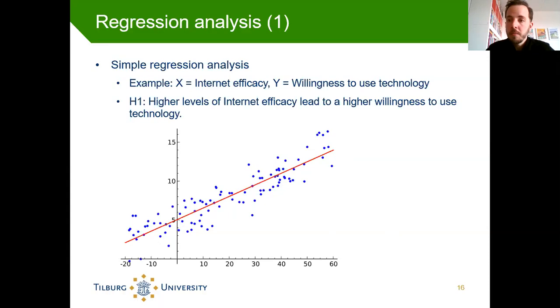And what this analysis basically does is that it comes up with a model. And the model in this case is this red line that you see here. This is the model that SPSS, for instance, provides you. And this line is the model that fits those data points best. This line and this model is called a linear model, a simple linear model.